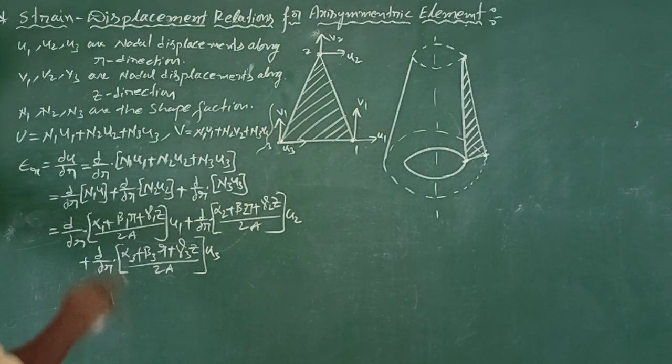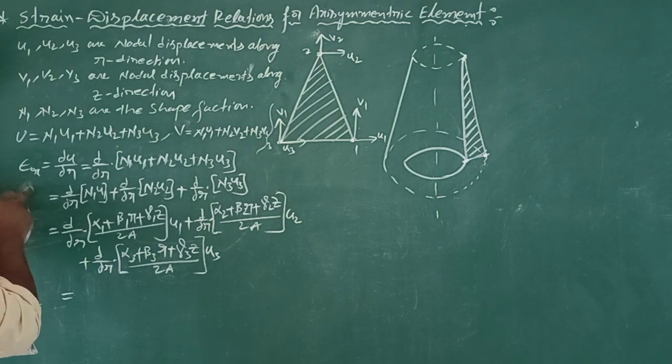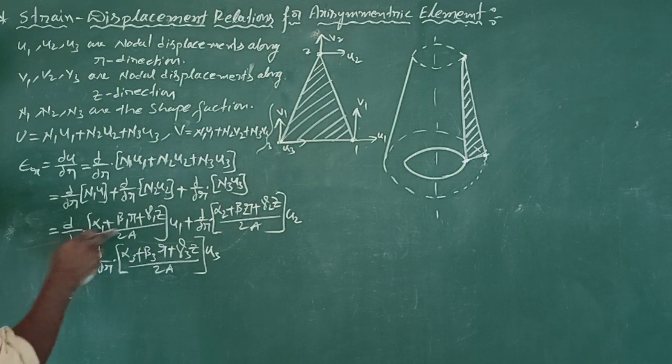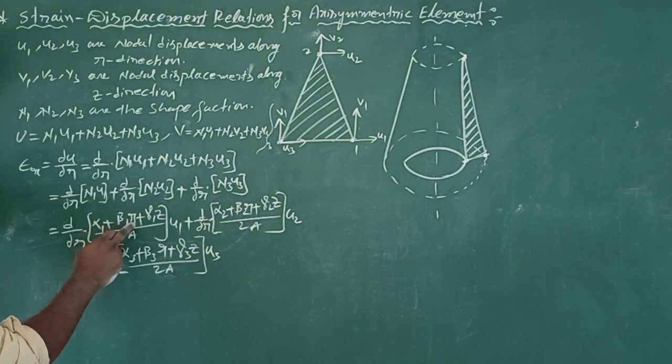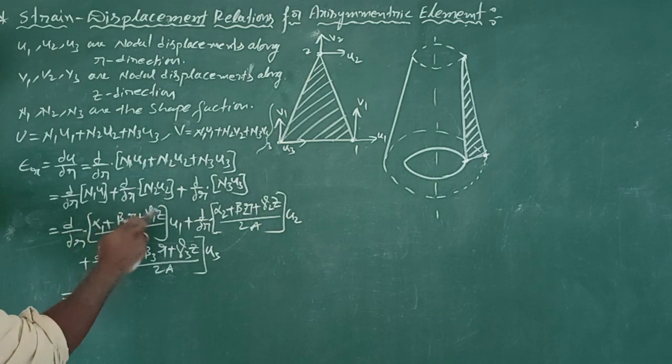So differentiate each and every element with respect to r, then we will get the epsilon r value. Here only r is there, so the r differentiation is 1 and the remaining elements are 0.